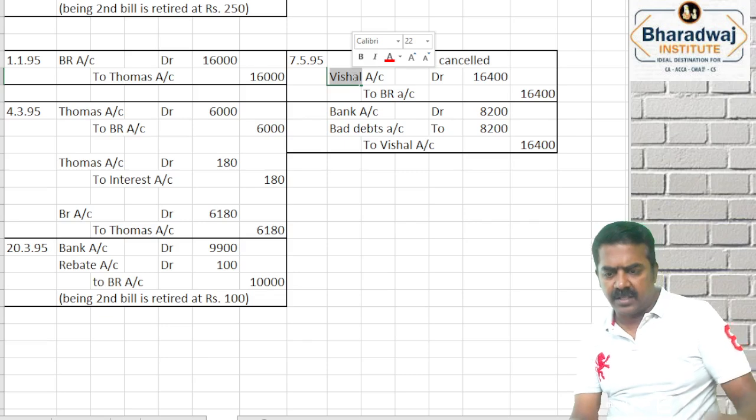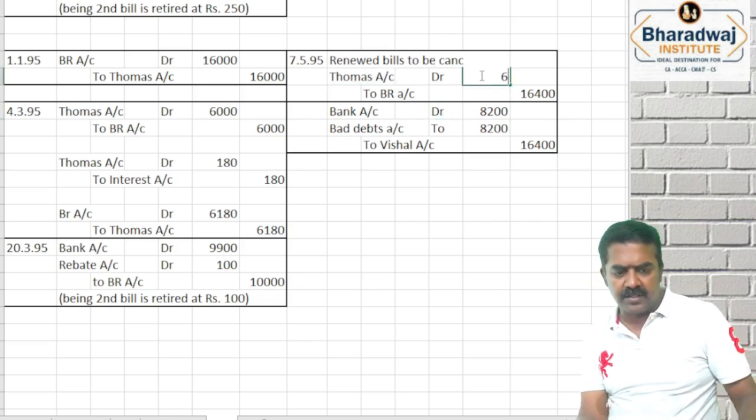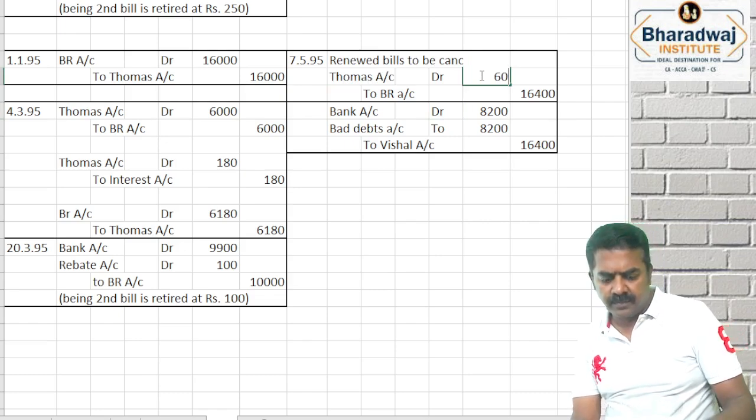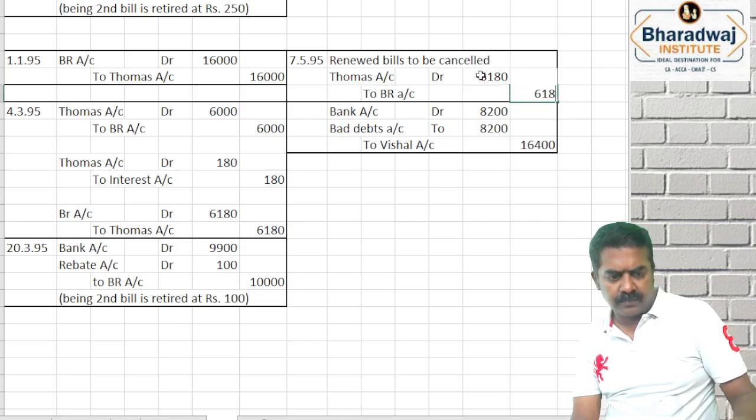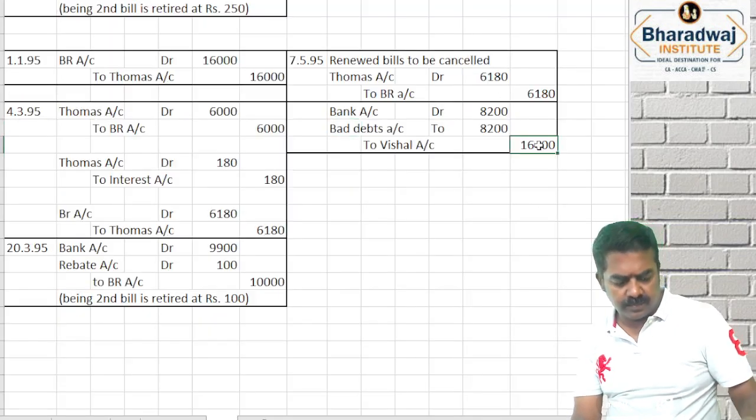Renewal of a bill. First cancel the bill. Thomas account debit to bills receivable. How much you have to cancel? How much we are able to collect? Half.